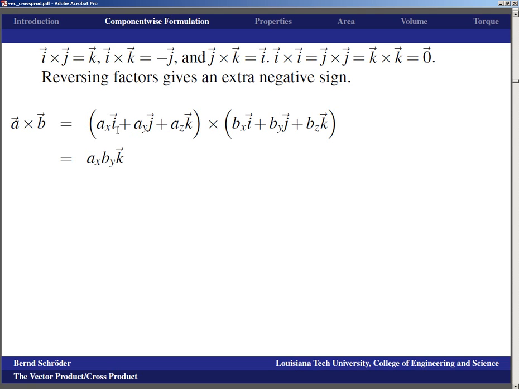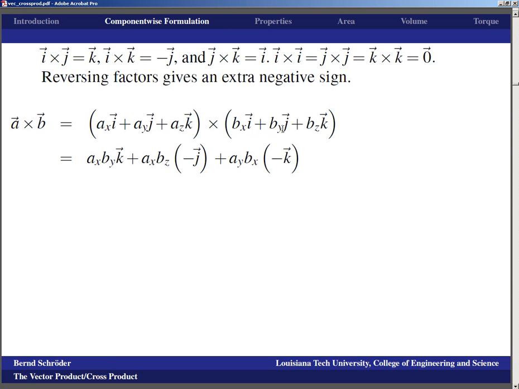And so then we have AXI cross BYJ, that gives us AX, BY, and I cross J is K from the above. Then we have AXI cross BZK, and so that would be AX, BZ, and I cross K is negative J. Then we get AYJ cross BXI, so that's AY, BX, and J cross I is negative K, because reversing the factor gives us the extra negative sign.